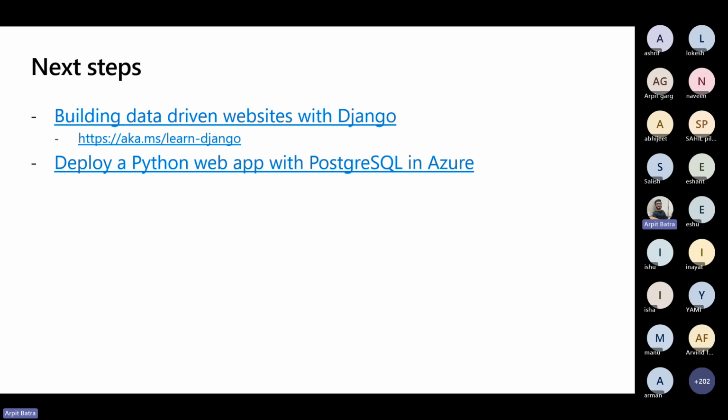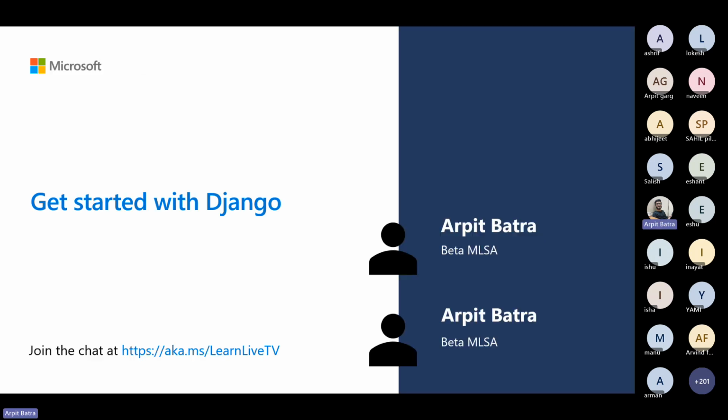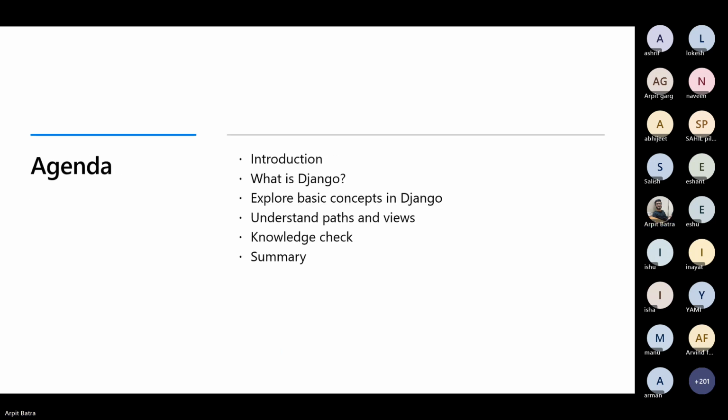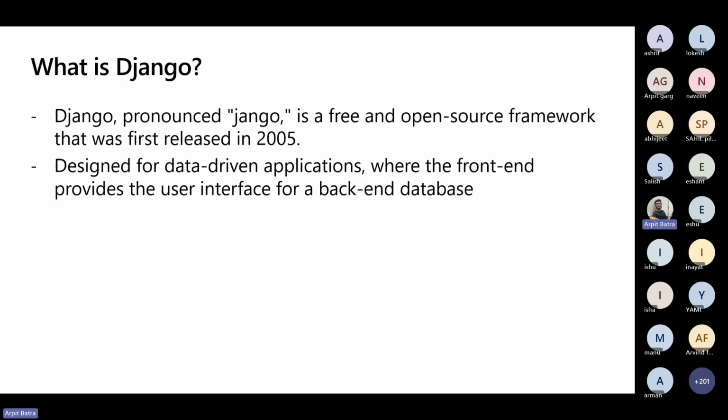Then next we have building data. These are the links and the presentation will be over. And our next lecture, I think, is part two. Okay, no problem. We discussed it in the team application. So these are for what is Django.